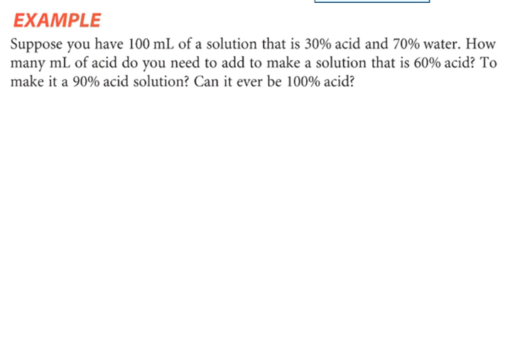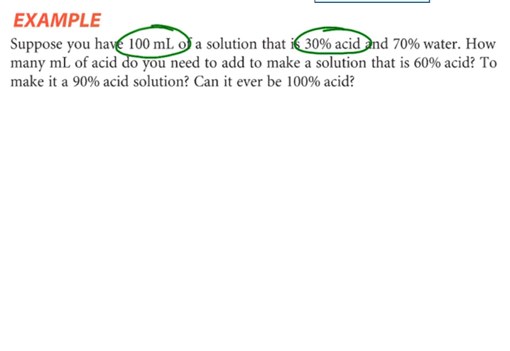Alright, so we need to create a rational equation before we can solve it. So let's take the given information. It says we have 100 milliliters of a solution, and it's 30% acid and 70% water. Now if we have 100 milliliters, and that's the entire solution, that's like 100%, right?